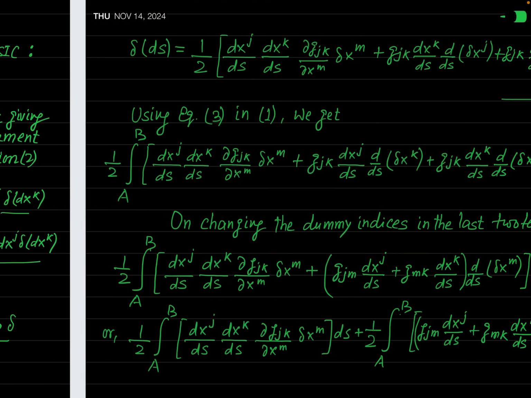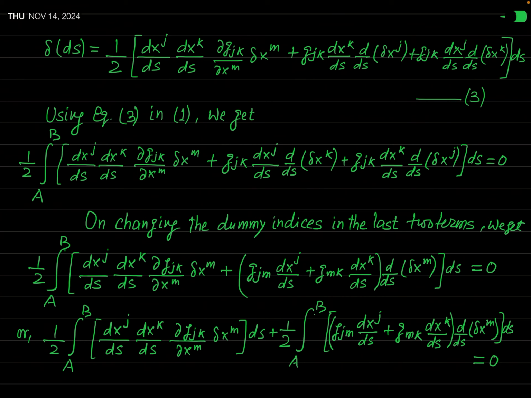Okay, so let us see, I have done those algebra here. 1 over 2 has been taken as a common factor, and here there will be dxj by ds times dxk by ds, this ds is extra, because I have told you that we have to divide by 2 ds, but here we have written 2 ds times ds. So you can see I have also taken this ds in this multiplicative in numerator. So result remains same. And this term is as before.